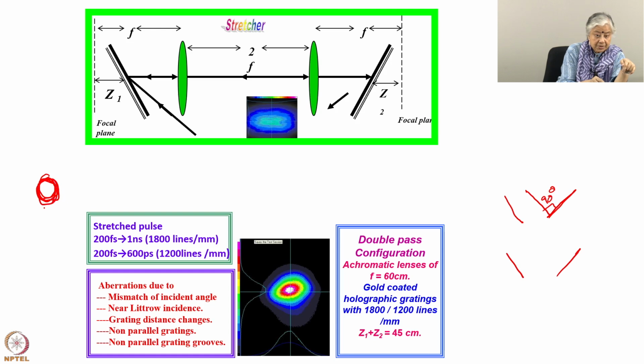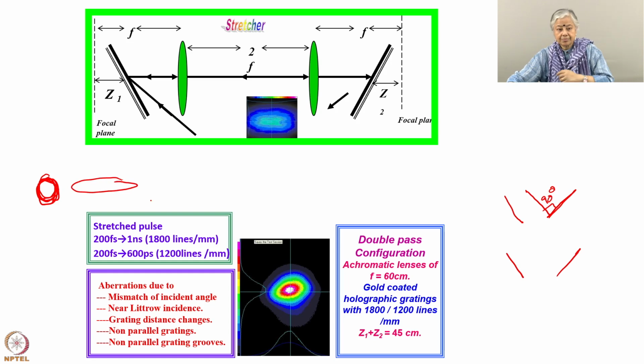This is spatially. Once I put it on the grating, you will see the beam has become elliptical like this, and all the frequencies have spread out. The circular beam has become elliptical and all that has spread out. You can see it on the grating.